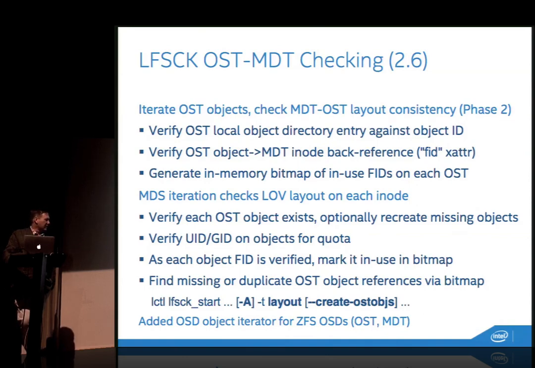It adds in the layout type checking, and it adds in an extra option if there are OST objects, like if you have an MDT file that's referencing an OST object that doesn't exist for whatever reason, it will create an empty object.